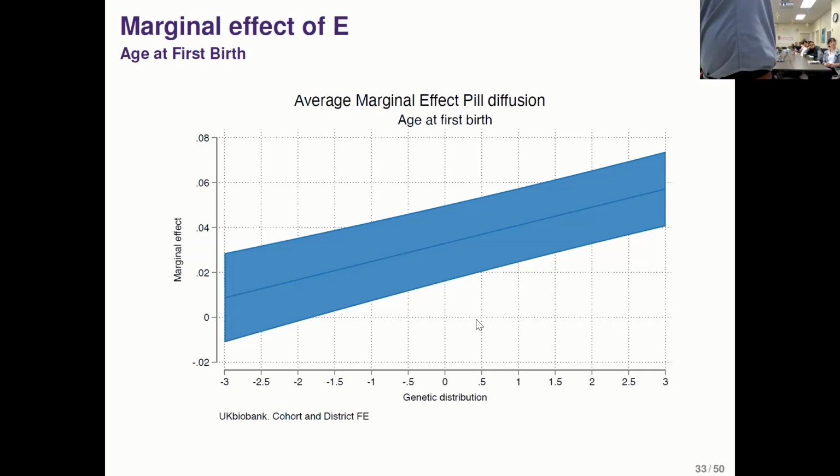For age of first birth, it seems that there's almost no effect on the low genetic propensity, so the people that would have a propensity to have children early in life. This is quite interesting, much higher effect of the pill on people on this side of the distribution. For those who were predisposed, have preferences and attitudes toward higher fertility.